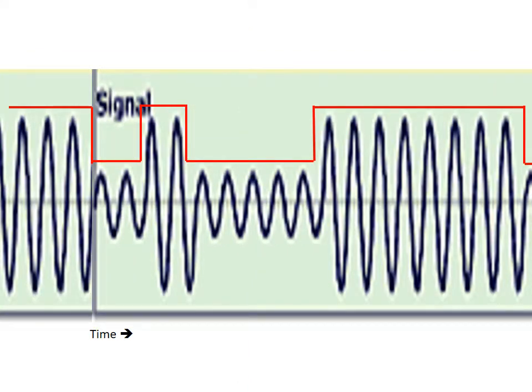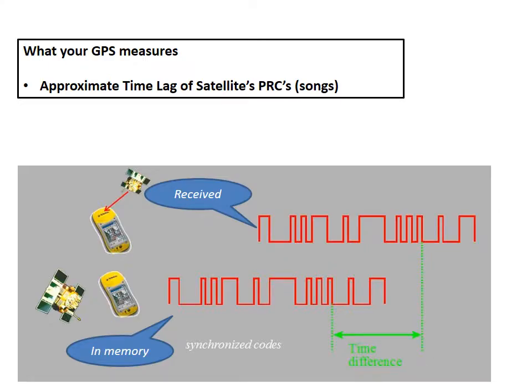But what your receiver actually sees is more like this. It expects the PRC pattern to begin here at this exact moment in time, but it's late and it begins here instead. There is a time lag between the expected PRC and the PRC that's just been received. Your GPS then measures this time lag very accurately.